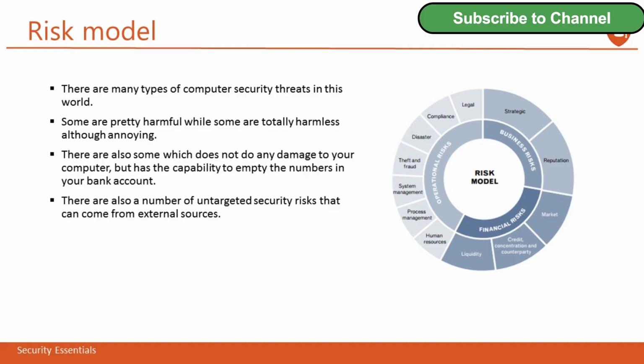So you have to calculate the risk model first in case we are going to create a security for our organization. So first you have to know what the risk factor is, and then from where we can get attacked. You need to know where the vulnerable parts are in your system in order to create an information security infrastructure.